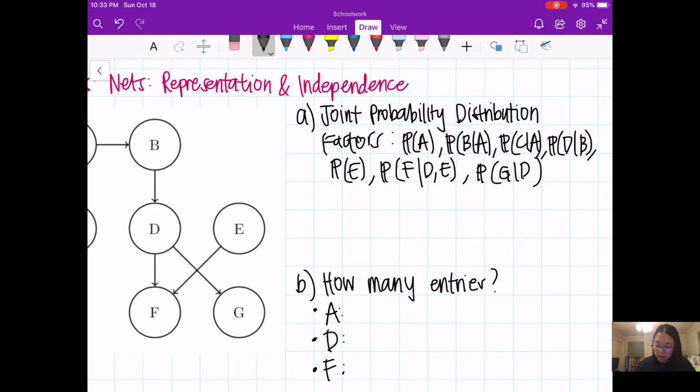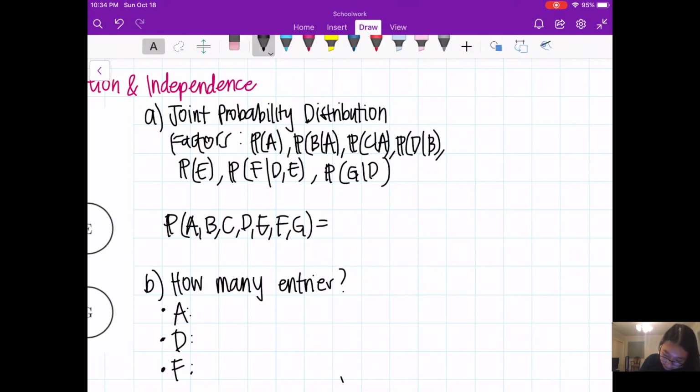Cool. So these are the factors, and whenever they ask for the joint probability distribution of all the variables, all we need to do is multiply the factors together, and that will be equivalent to the joint probability. So specifically, let me actually write it out in terms of variables. So probability of A, B, C, D, E, F, G will be equal to all of these factors multiplied together. If I write it out, it can be in any order.